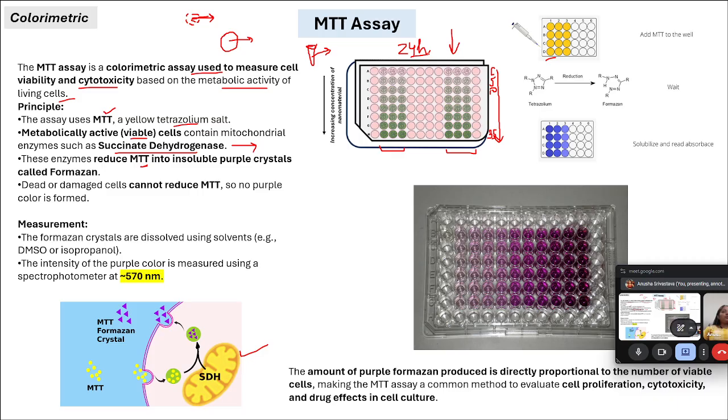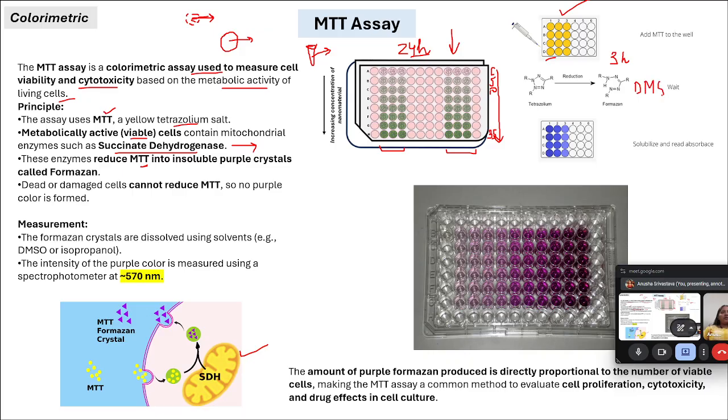After 24 hours, you'll discard the spent media, or maybe the usual protocol is to just wash the cells at least two or three times with PBS, and after that add the working suspension of this yellow tetrazolium salt, this MTT, and after adding MTT just incubate it for 3 hours at 37 degrees Celsius, right?